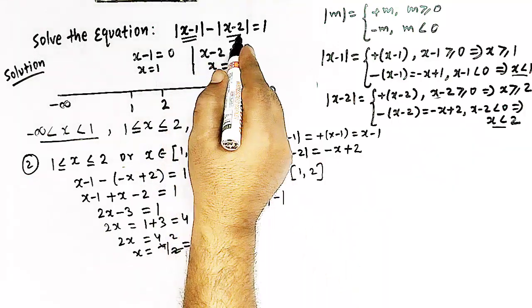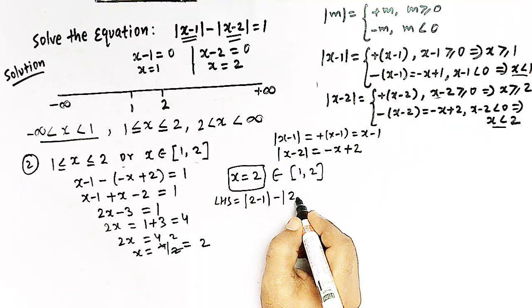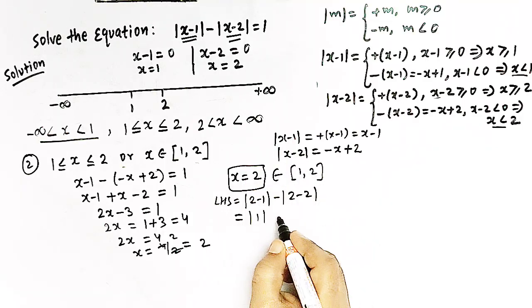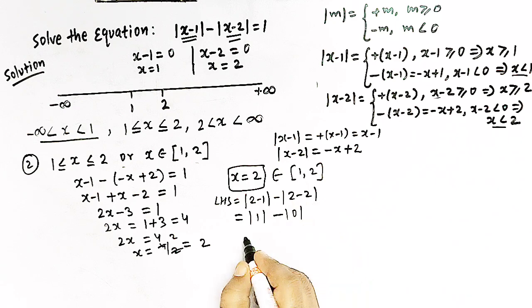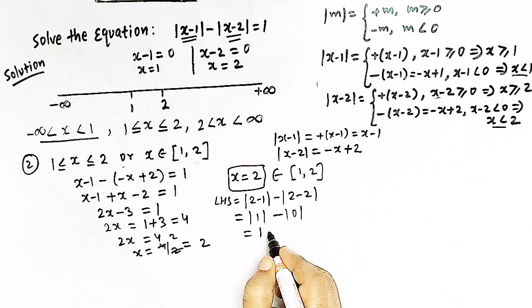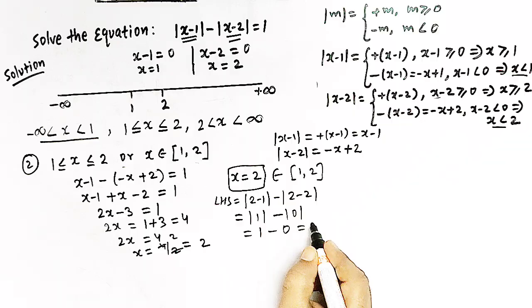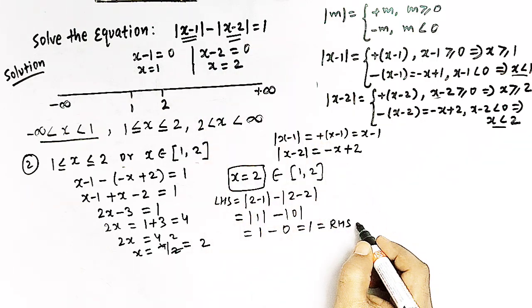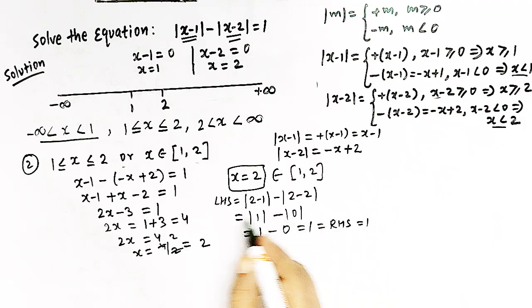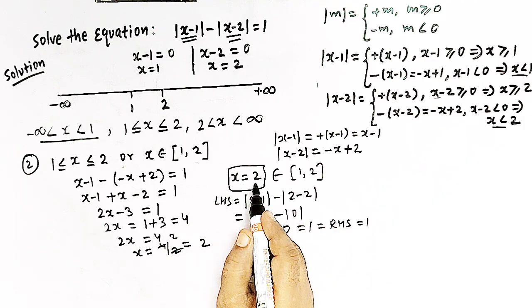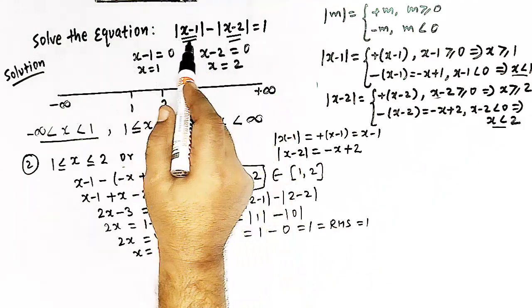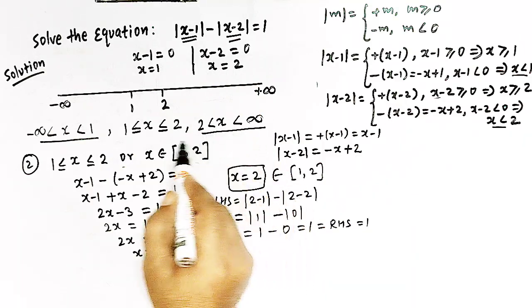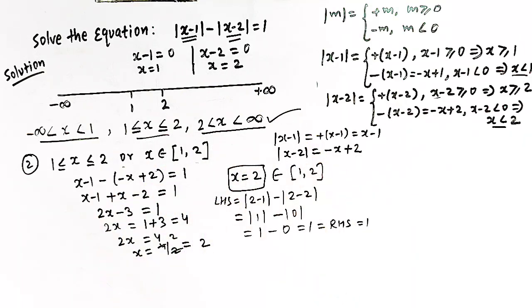Then we have mod of x minus 2, so we have 2 minus 2, and 2 minus 1 is 1, and here we have 0. Mod of 1 is 1, mod of 0 is 0. So we have 1, that is equal to the right hand side, which is equal to 1. So this verifies that x is equal to 2 is a solution of this equation. Now let us consider the third interval.